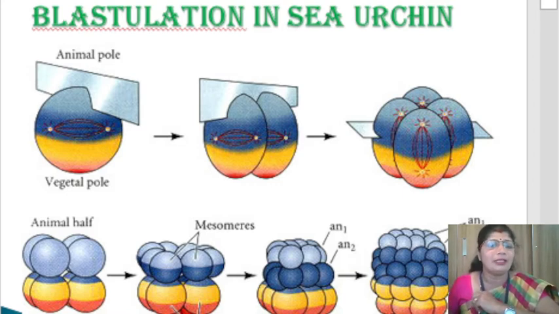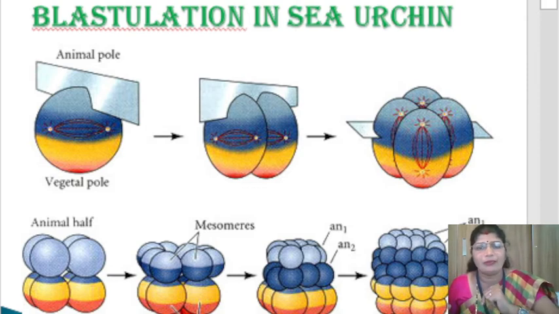So what will happen? At the animal pole, it will divide all the 4 cells into equal cells. Those cells are called mesomeres. But towards the vegetal pole, it will divide unequally. Therefore, the 4 cells at the vegetal pole after the third cleavage will, at the fourth cleavage, divide into 4 smaller cells and 4 larger cells. The smaller ones are called micromeres.